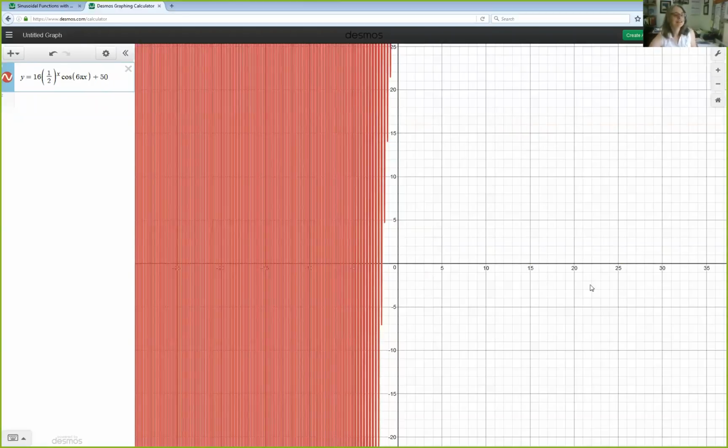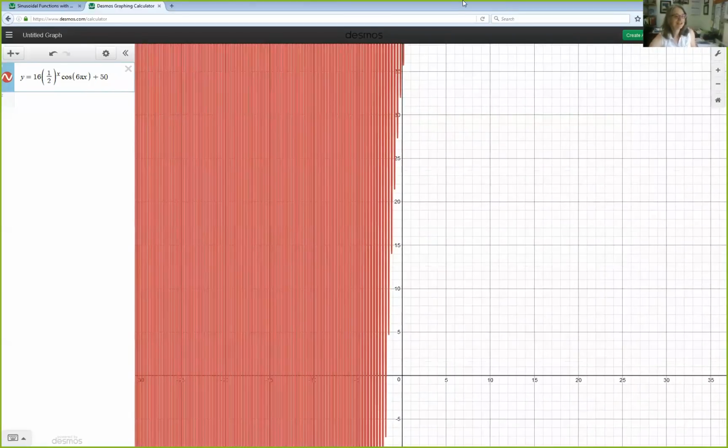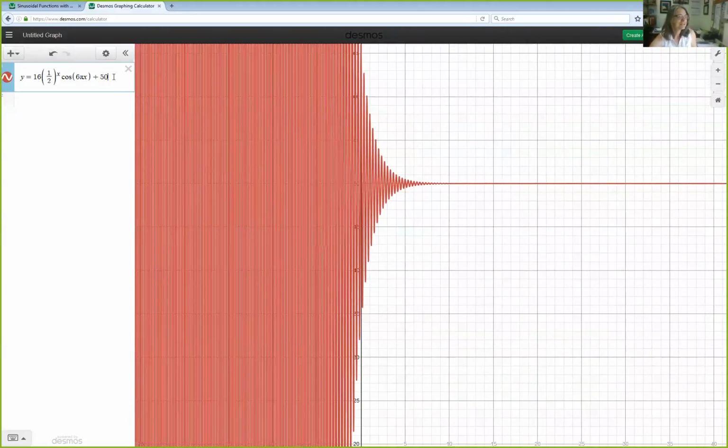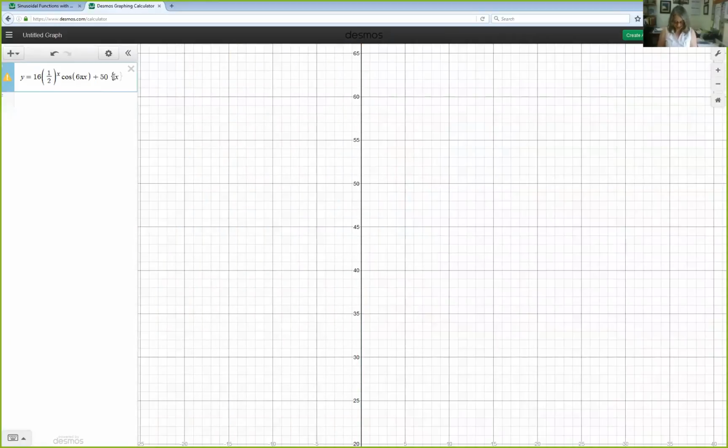Okay, so we've got all this stuff going on back here in the negative x-axis. We know this is a real world problem, so let's put on a domain limitation that we're only looking at positive x values. This will make it better.